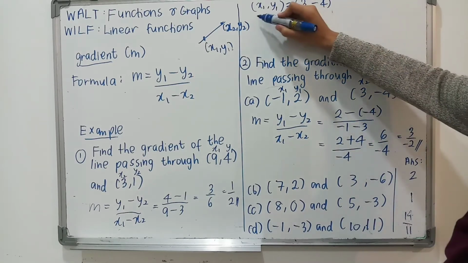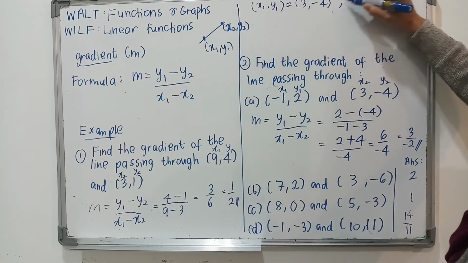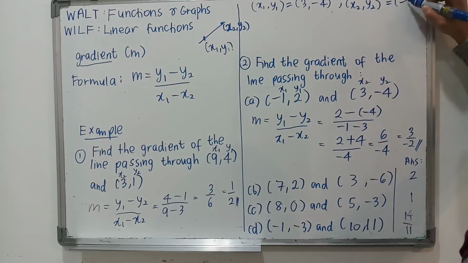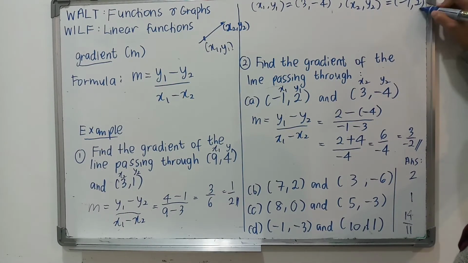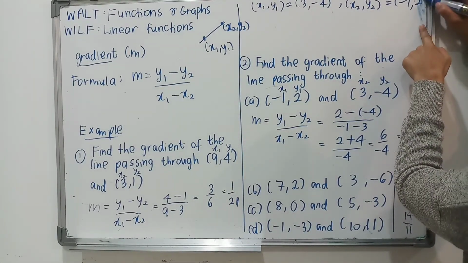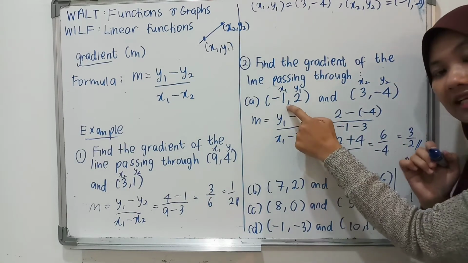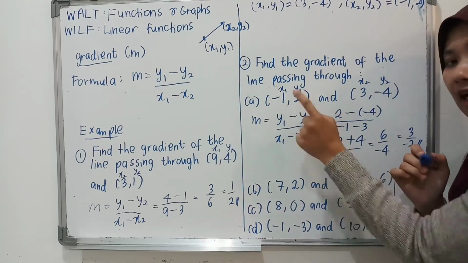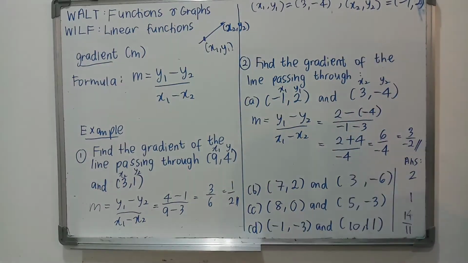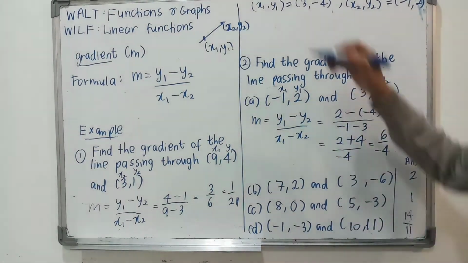Now my x2, y2 is equal to negative 1, 2. So just now that one was x1, y1, but now I change x2, y2 to equal those coordinates. So now we still use the same formula for gradient.